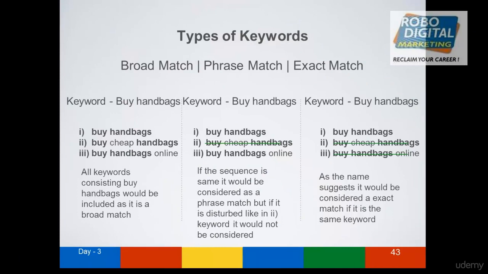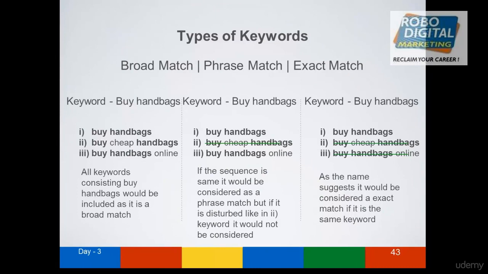As you can see in the example, if I have selected the keyword buy handbags in the campaign, and a user searches buy handbags, in the broad match case my ad will be shown. If the user searches buy cheap handbags, my ad will also be shown.